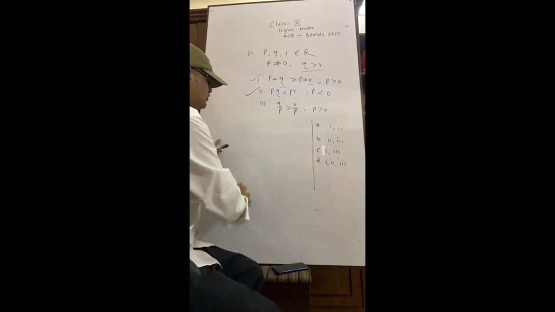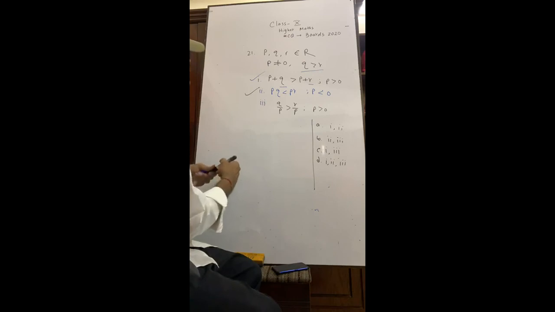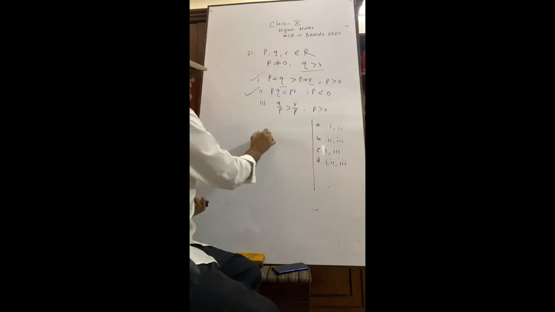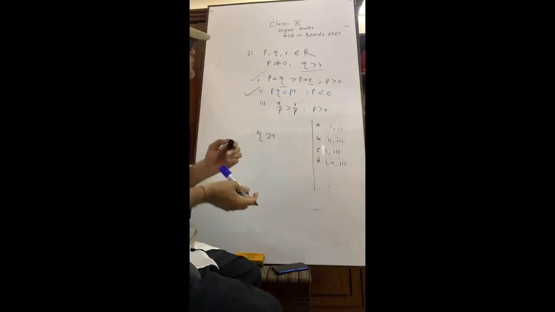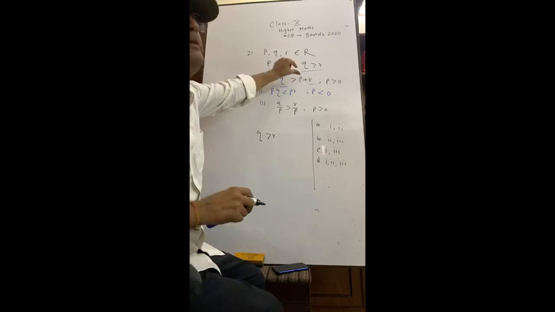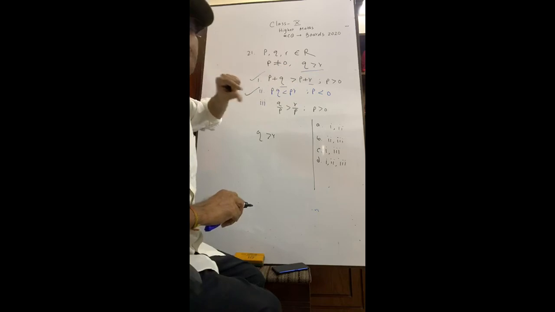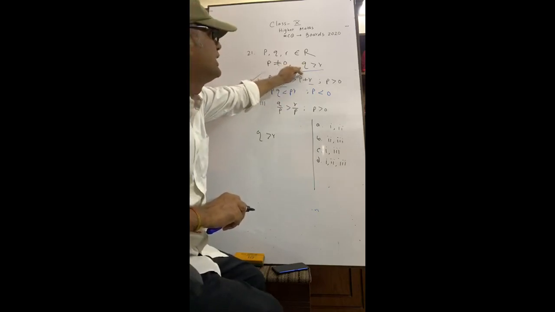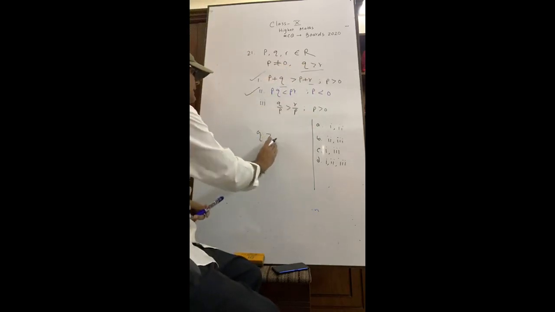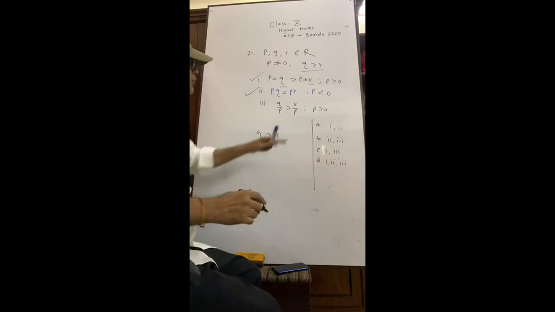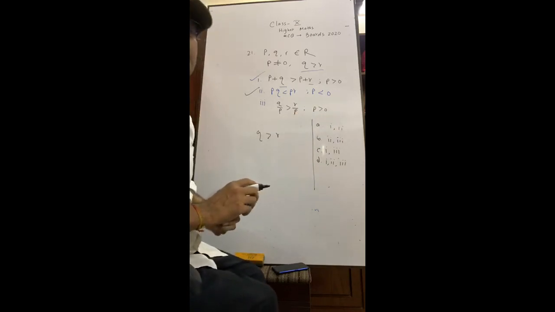Now number 3, what is written at first? Q greater than R. You have to keep in mind that your key hint is this: Q greater than R. Now P greater than 0 means it is a positive number.